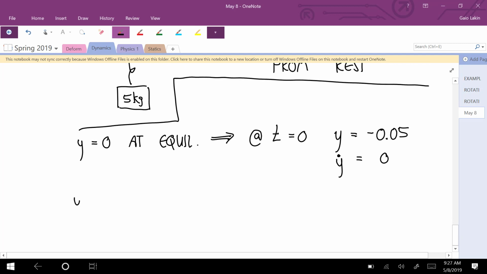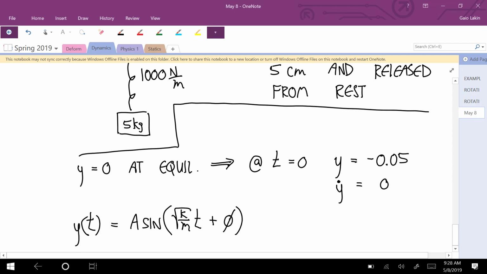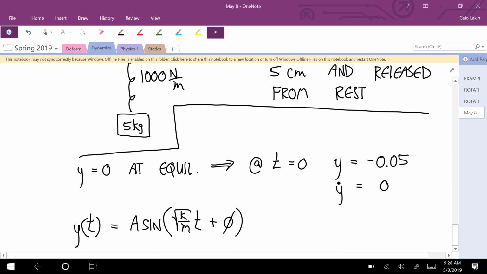You know that the form of the function is this. And then just use those boundary conditions to find A and phi. So let's see, 1,000 divided by 5 is 200.